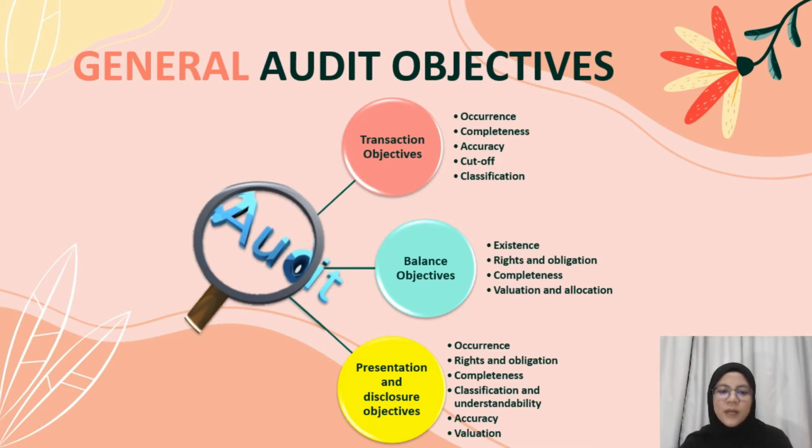And the last part of the general audit objective is the presentation and disclosure objective. It involves occurrence, rights and obligations, completeness, classification and understandability, accuracy, and valuation. All of these objectives will be discussed further in the next section.